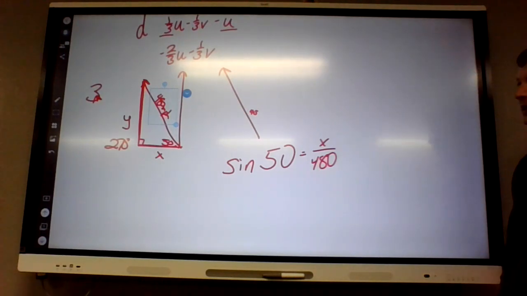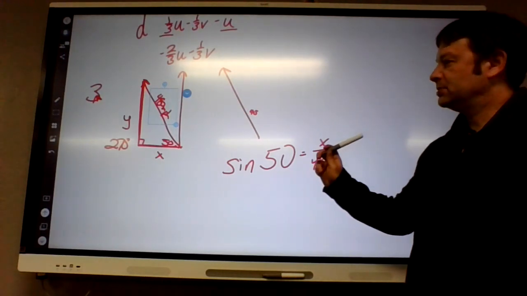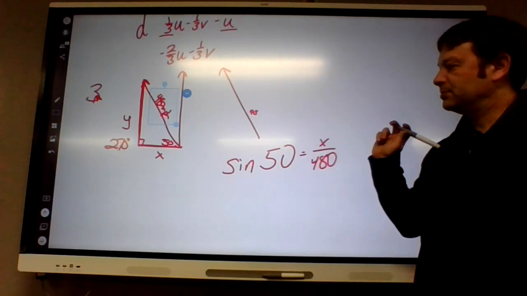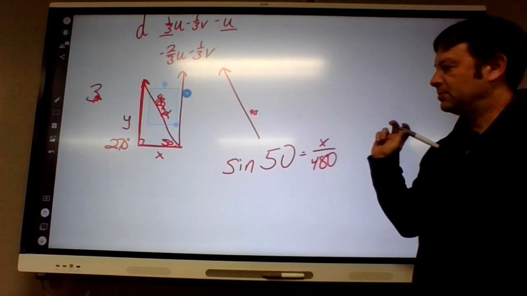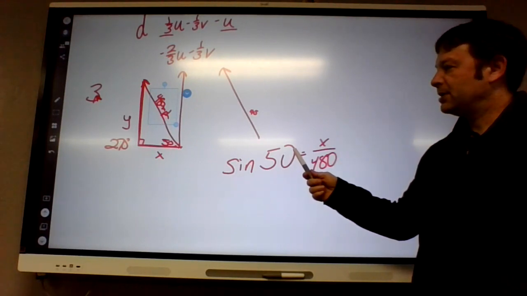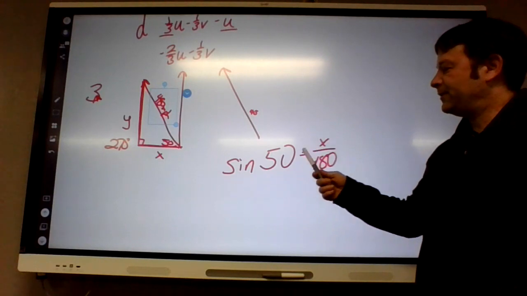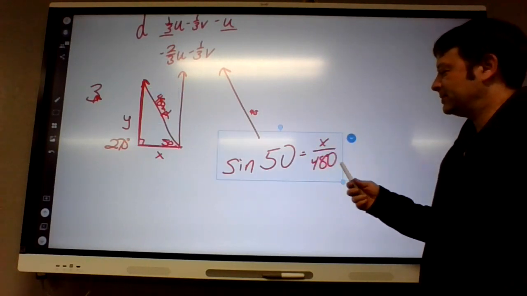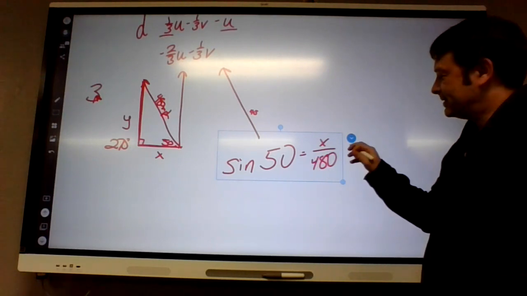So what are we going to plug in the calculator? Sine of 50 over 480. How do we solve this? Times 480. Yes.